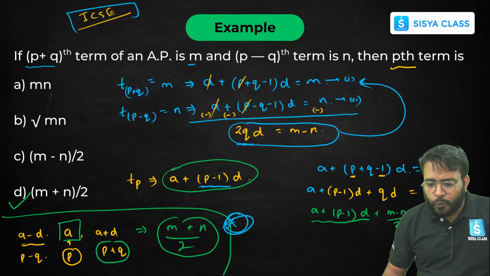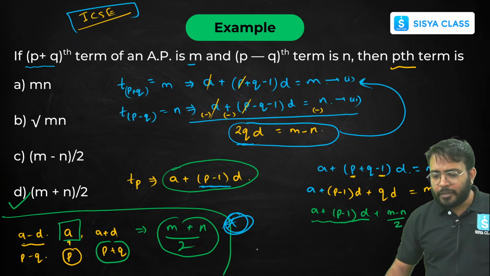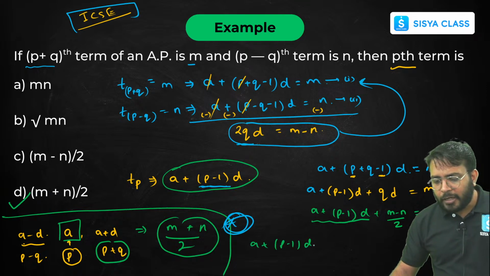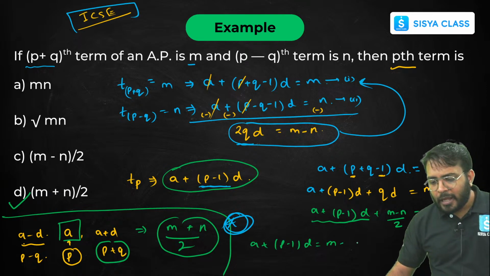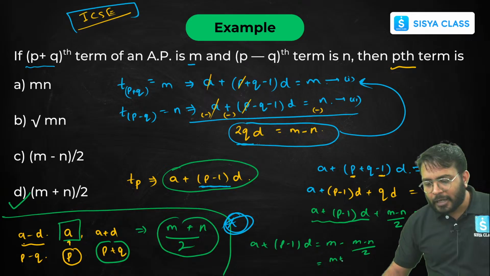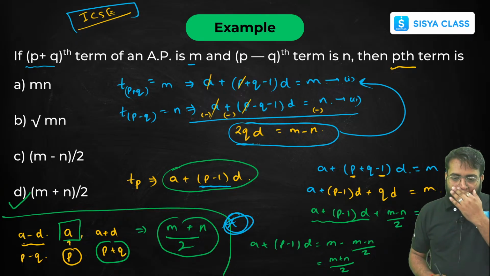It is going to be m minus n by 2 added to m, and if you solve, you are going to get m plus n by 2. Understood my point?